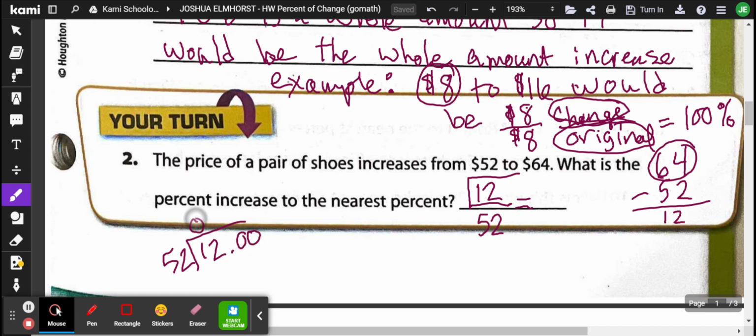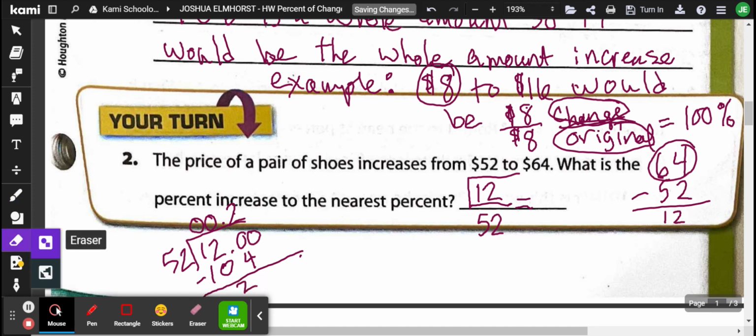52 does not divide into 1 or 12, and 52 goes into 120 2 times. 2 times 2 is 4, and 2 times 50 is 100. And we subtract here, so 20 minus 4 is 16.